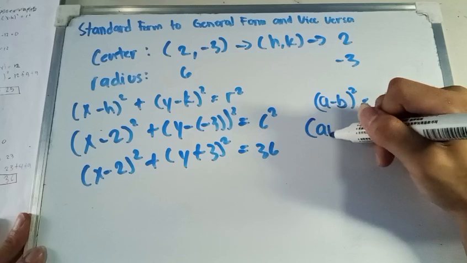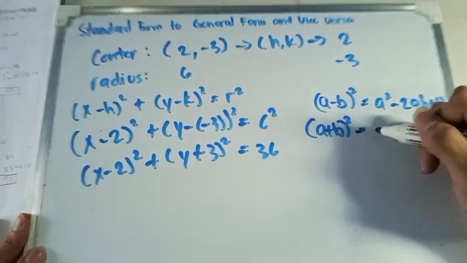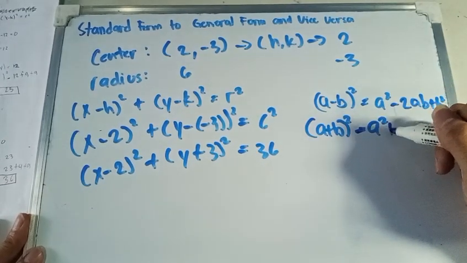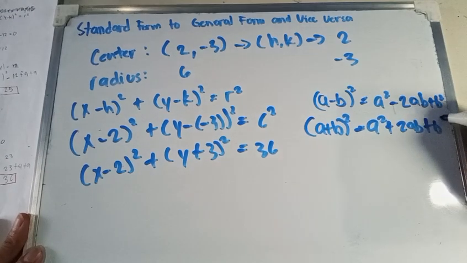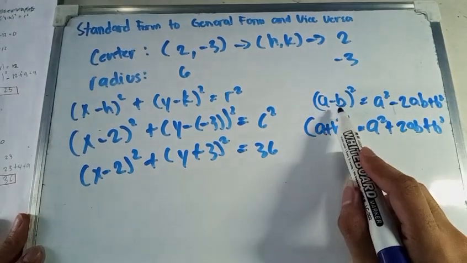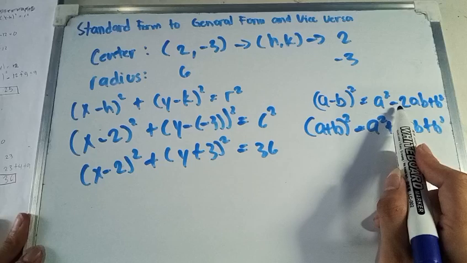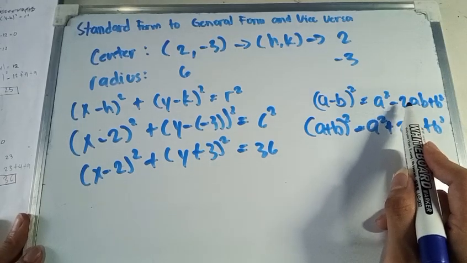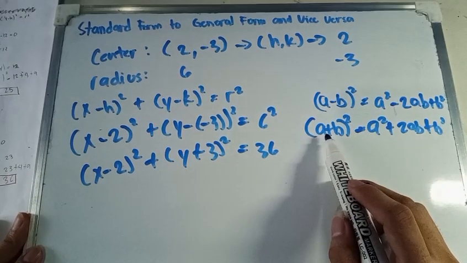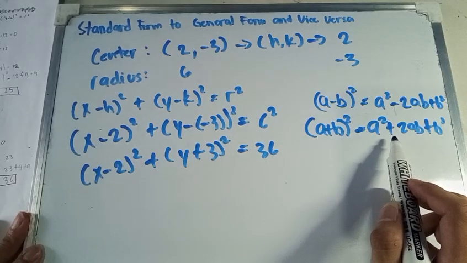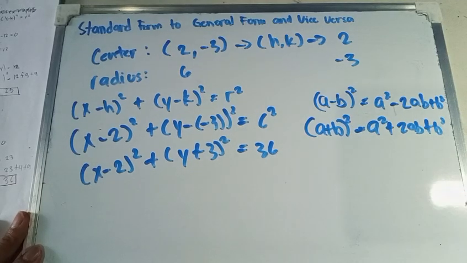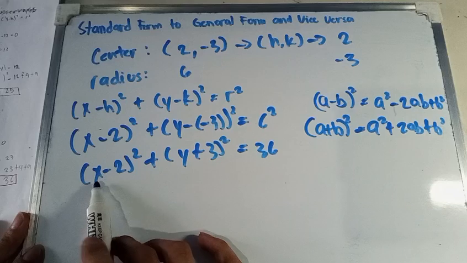Same as (a plus b) squared, which is a squared plus 2ab plus b squared. So when it is a minus b squared, we make the second term negative. But if it's a plus b squared, it is positive. So let's apply it here.